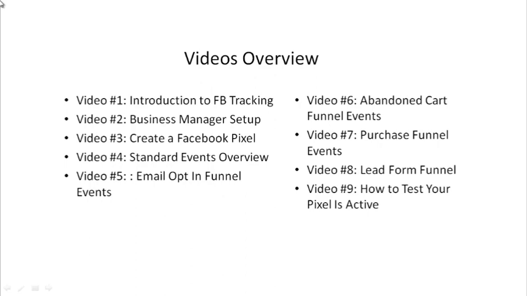And we'll go into that in terms of how many pixels you'll need and more. Video number 4, we'll talk about standard events overview. So giving you a brief idea of what standard events are, why you need them, and how you can place them. And of course, video number 5 through video number 8 will give you some practical real-life application.